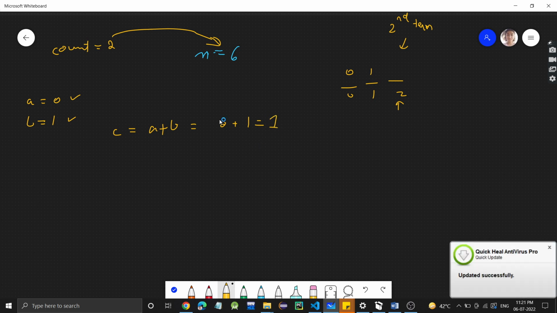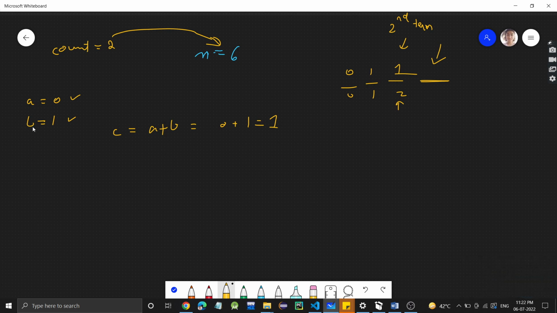Okay. So this is this term here. Now see guys, in order to find this next one, what should be the previous two values stored in A and B? Just try to think, because we need to update every time also, so that we can get the previous two values for the current position.